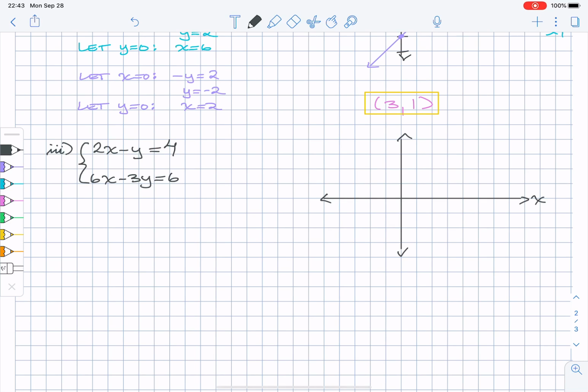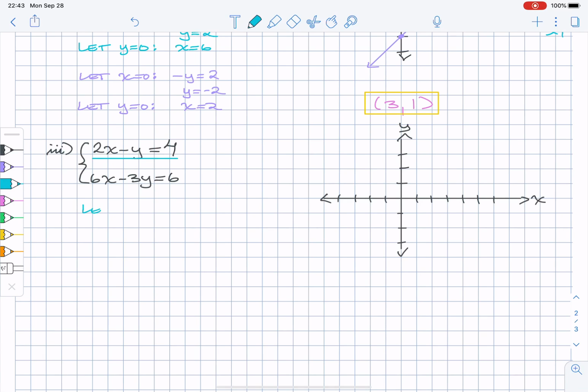So x and y. Let's do 1, 2, 3, 4, 5, 6 on the axes. Okay, so let's look at line 1.